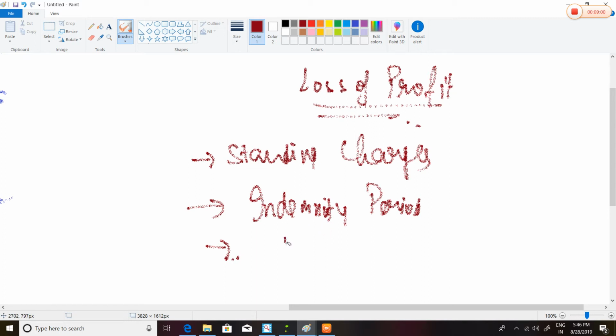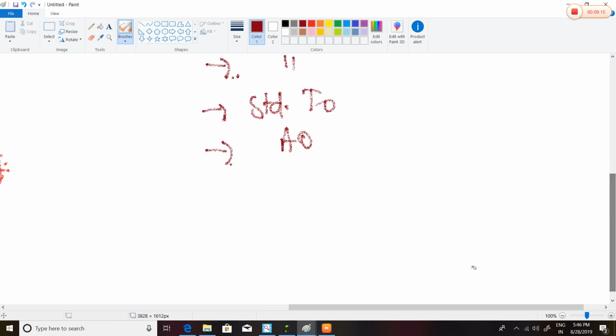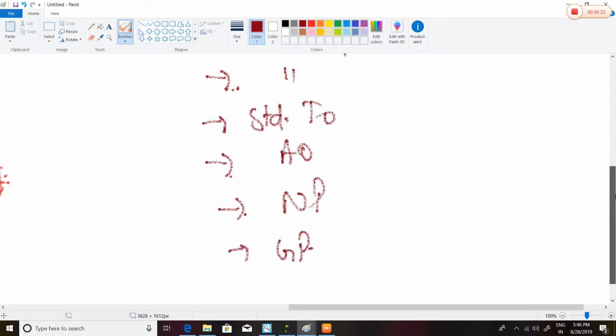I'll explain the meaning in short of all these terms. Next is standard turnover. Next, annual turnover. Next, a very common word, net profit, and also gross profit.